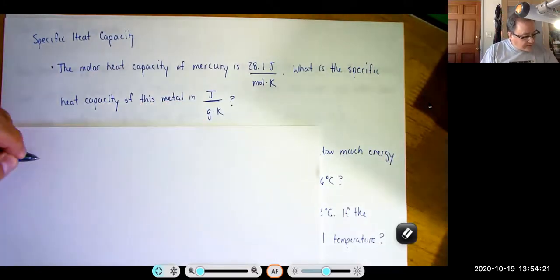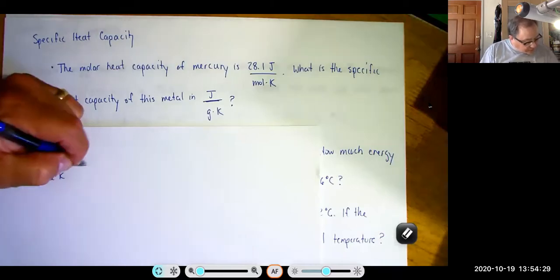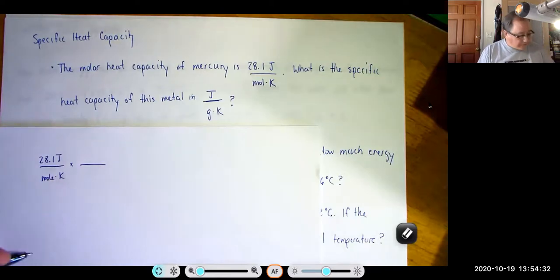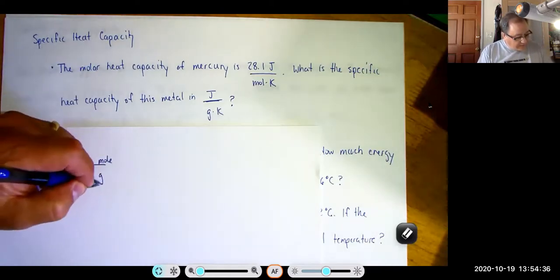So what we're going to do here is we're going to take this 28.1 joules per mole K, and we want to take this mole and change it into grams. So naturally, we'll want to multiply by mole here and gram here.